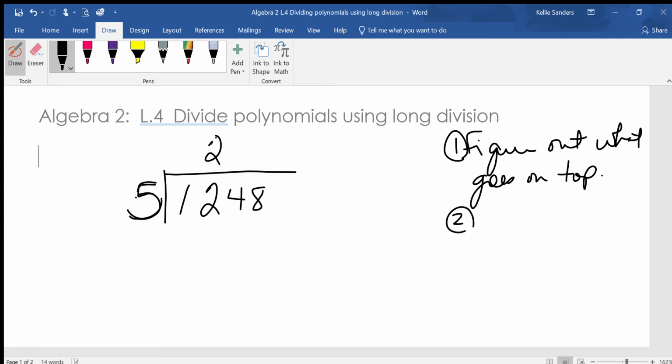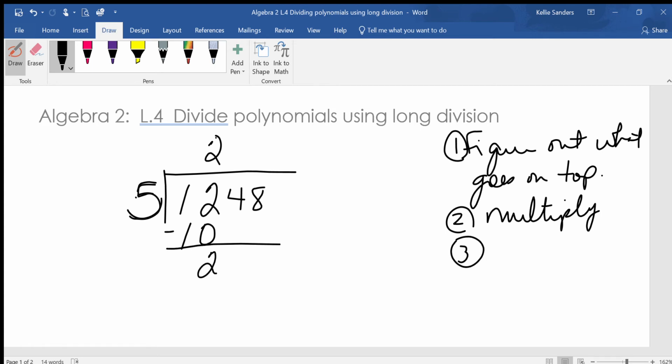Then what did we do? Once we put the number on top, we multiplied it by what's on the outside, and we put it underneath, right? So we multiply. Then what do we do? We subtract.